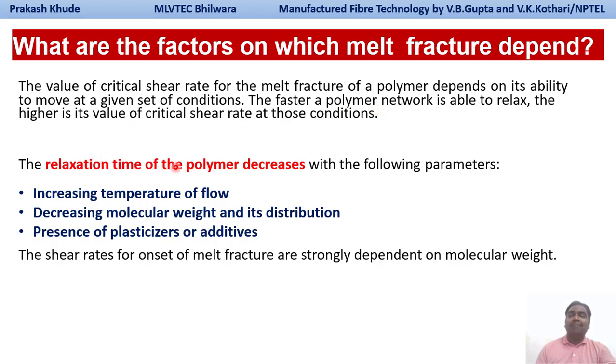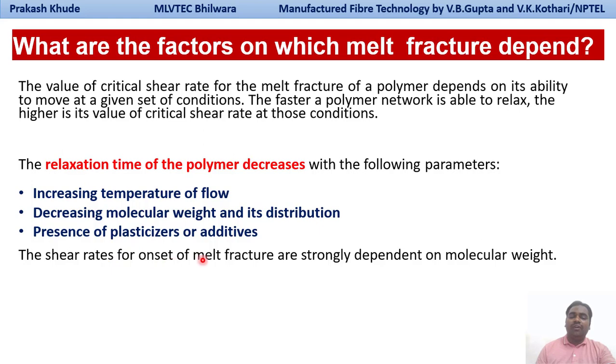So the relaxation time of the polymer decreases with the following parameters. First, it can be decreased by increasing the temperature of flow, by decreasing the molecular weight and its distribution, and with the presence of plasticizer or additives.